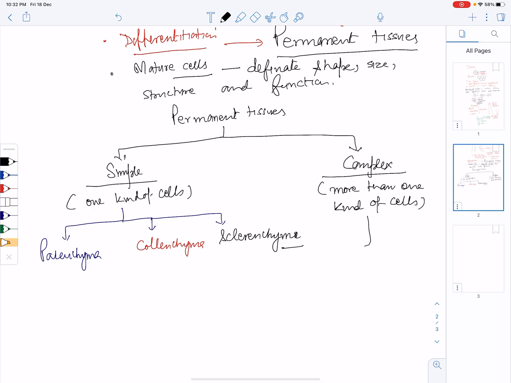Complex permanent tissues are of two types: xylem and phloem.